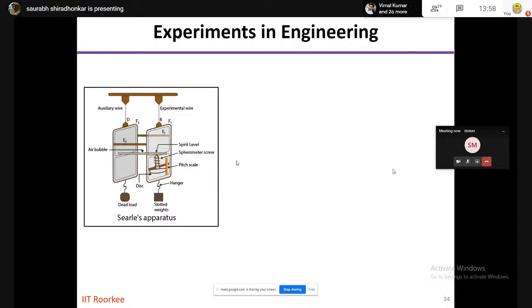So what we do to figure out the modulus of elasticity is figure out the stress-strain relationship, and then figure out the slope of the line connecting all those stress-strain points.